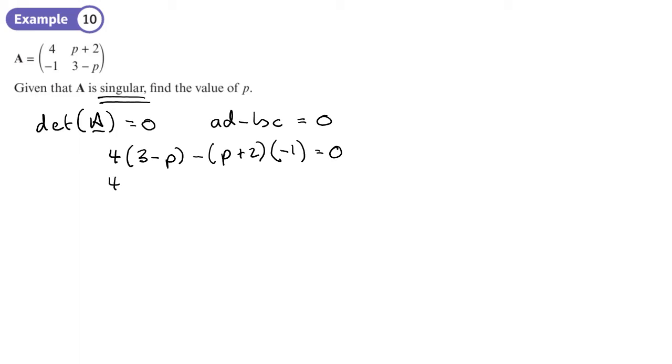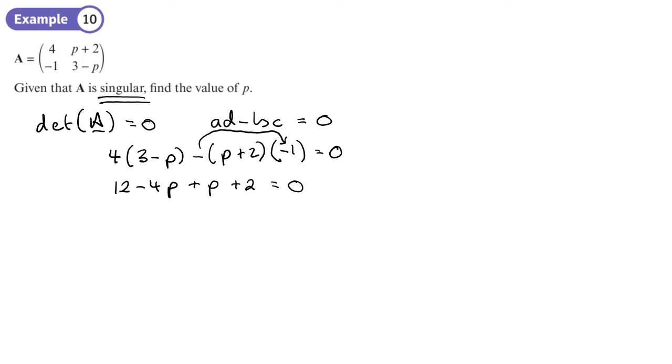So expand the brackets. When we expand the brackets, we get 12 minus 4P. Here we've got a negative and we're multiplying by negative 1, so they cancel out. So we basically have plus P plus 2 equals 0.